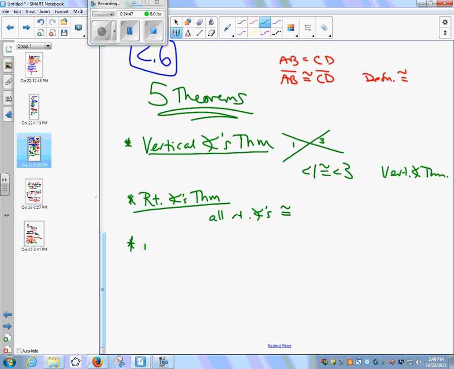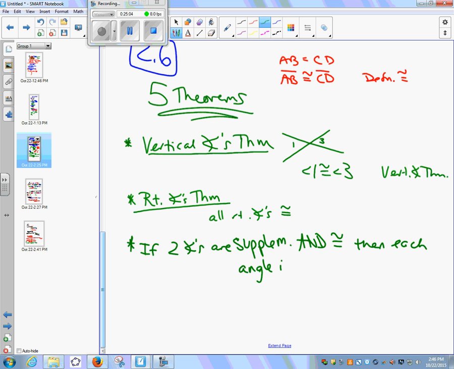Then we had the one that doesn't have a name: if two angles are supplementary and congruent, then each angle is a what?